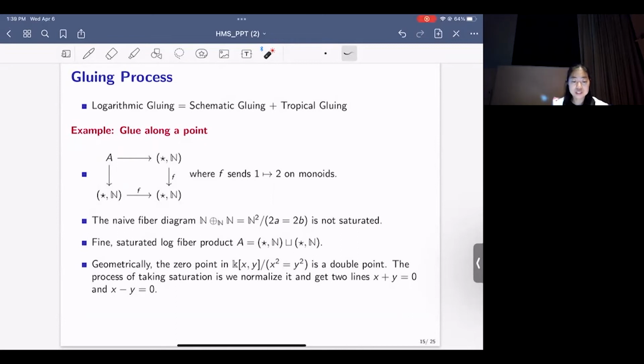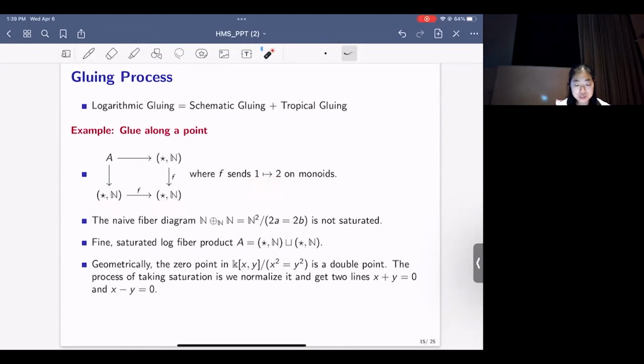But the log fiber product can be something non-trivial; here we get the disjoint union of two points. The reason is that we are mapping a point with a non-trivial log structure coming from a monoid N to another coming from N, where the monoid morphism sends 1 to 2 for both maps.